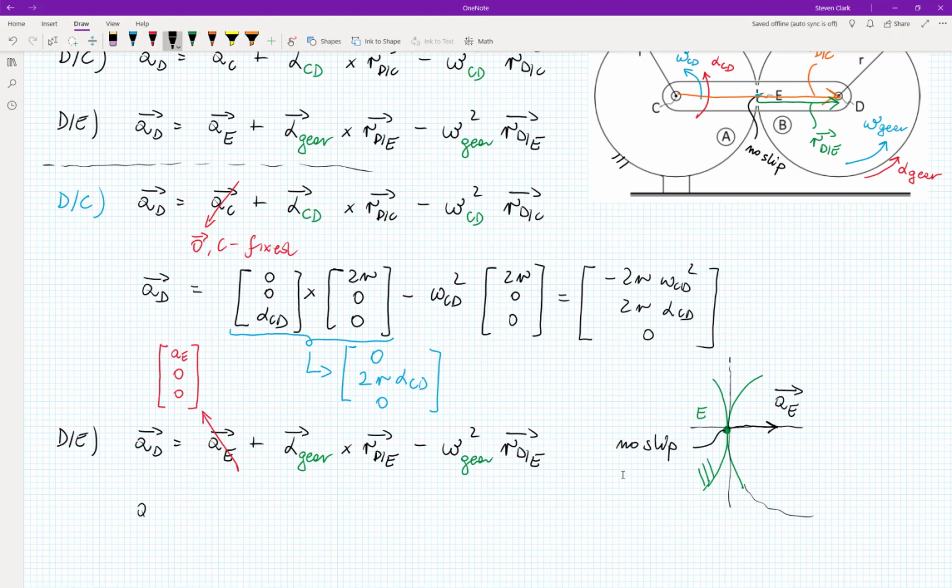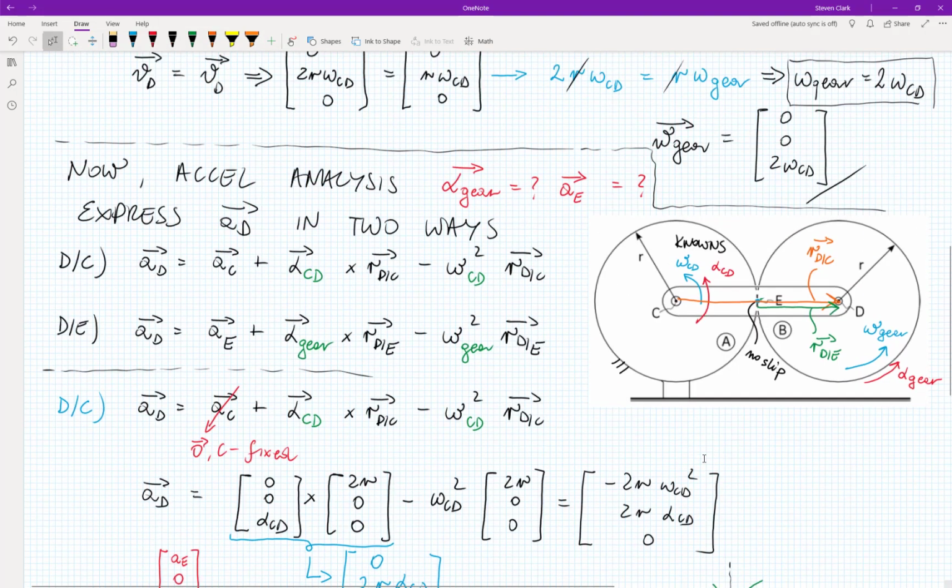So we can write AE, 0, 0 in here, plus, I think alpha gear is not known, 0, 0, alpha gear. And this vector is the green vector in the top right corner. So this will be R, 0, 0, minus omega gear.